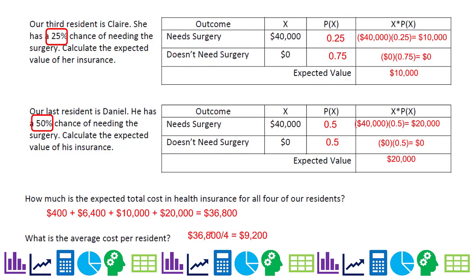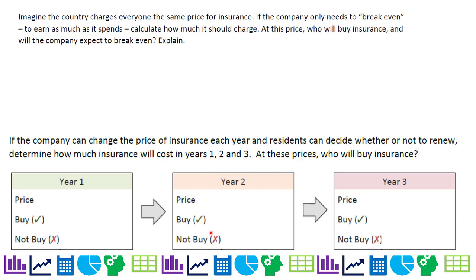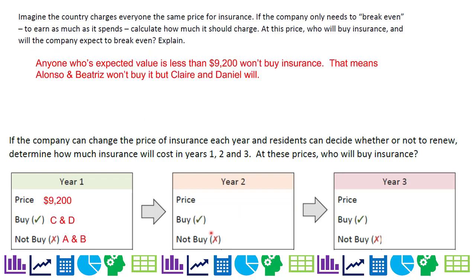See, there's your 10,000, there's your 20. All right, so we'll come back here. So on average, we expect $15,000 because we only have Claire and Daniel in it now. But at $15,000, Claire goes, whoa, I only expect to pay 10. Why should I pay 15 for insurance? So Daniel's the only one buying it and no one else is.